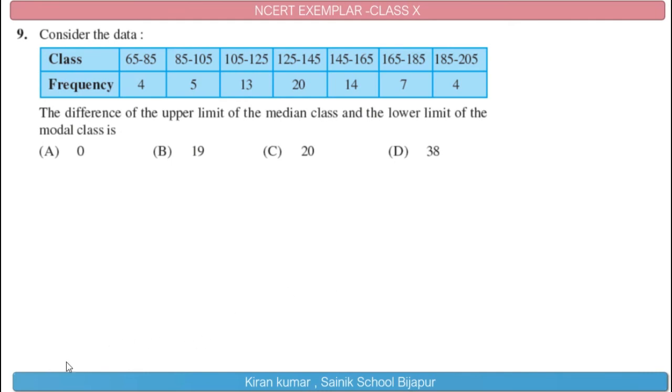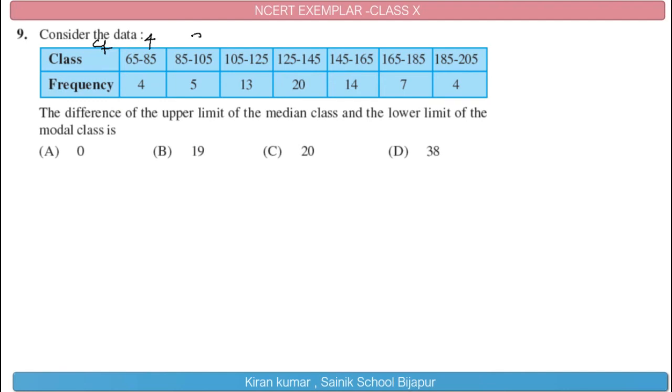Question number 9. Consider the data. The difference of the upper limit of the median class and the lower limit of the modal class is. Here I need to find out the cumulative frequency. For that I would write the cumulative frequency on the top here, so it would save time. This will be 4.